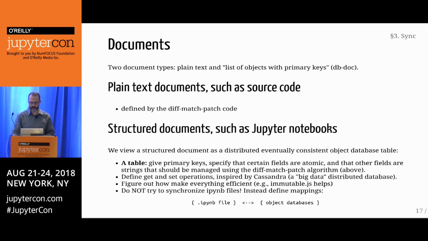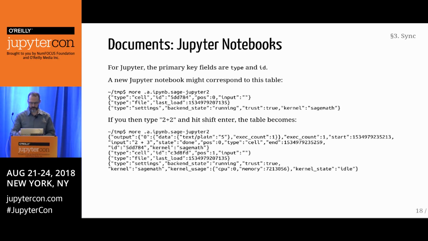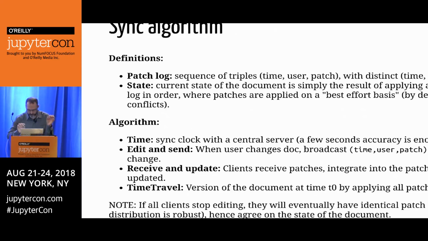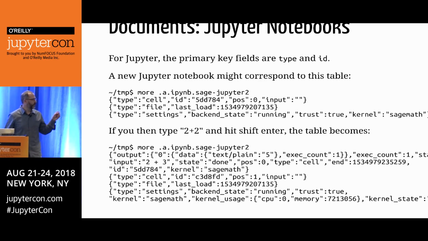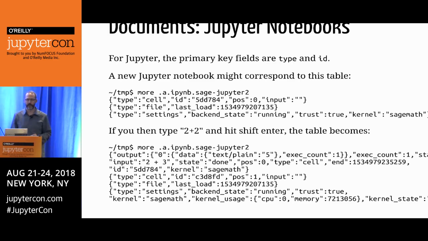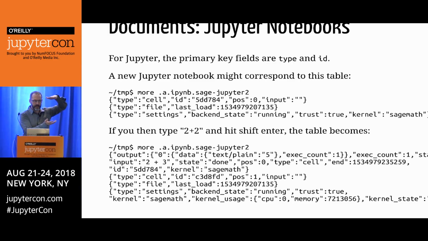To make that very concrete, I'll show you how it works for IPython notebooks. Let's see, I want to zoom in a little without going to the next page. Okay, there we are. So here, if you make a brand new blank IPython notebook, I take the IPython file and translate it into a list of objects that are sync friendly. Here's a brand new blank IPython file.